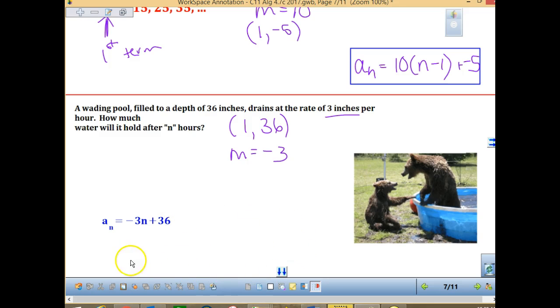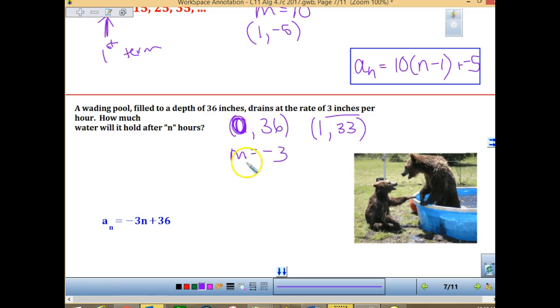So the question is, is this our 0 term or is this our 1 term? So if it drains 3 inches per hour, did it start at 36 or was it after it started draining? So 1 is at what? 33.